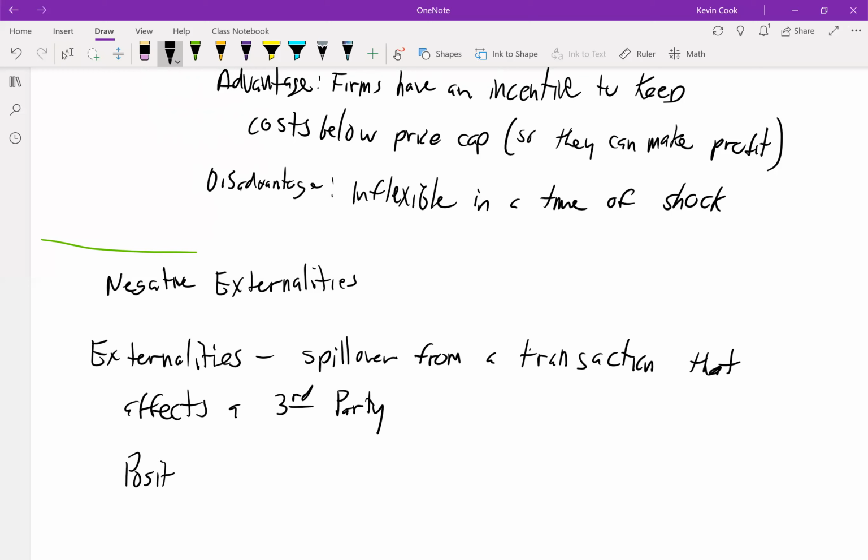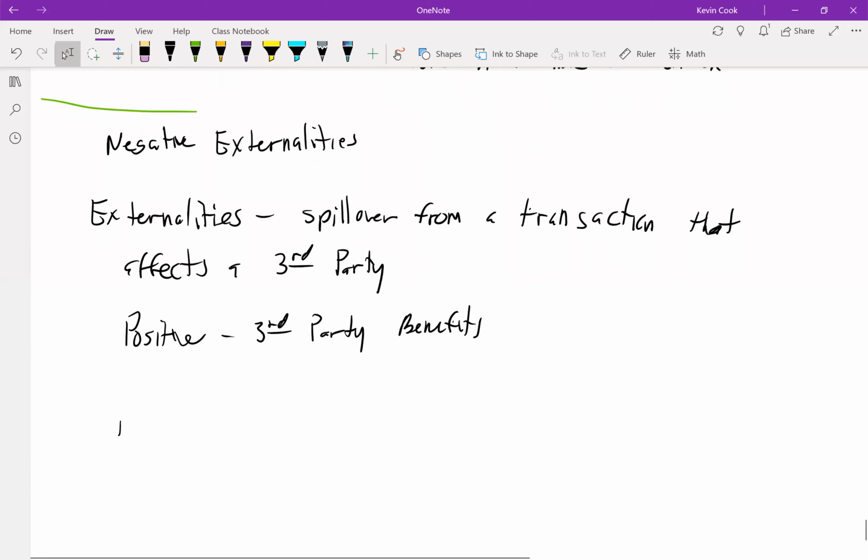They're called positive if the third party benefits. And they are called negative if the third party is harmed.